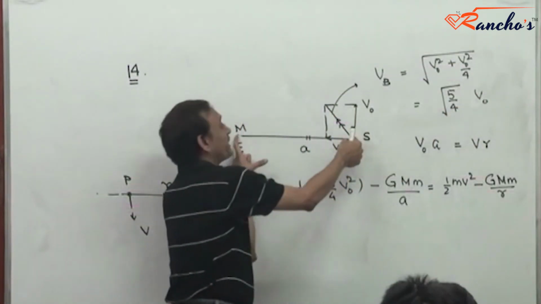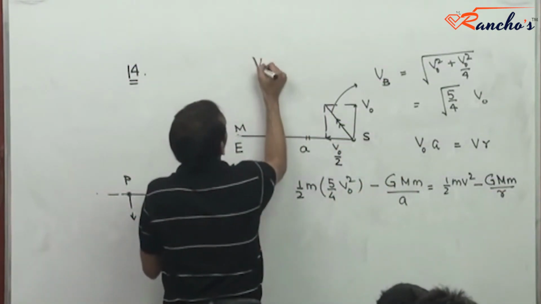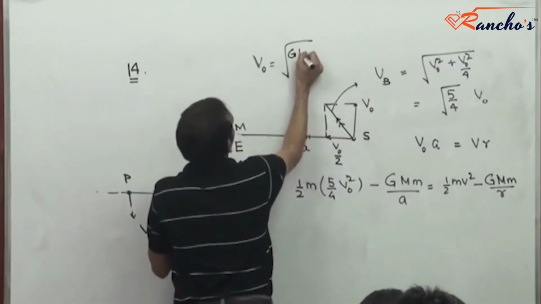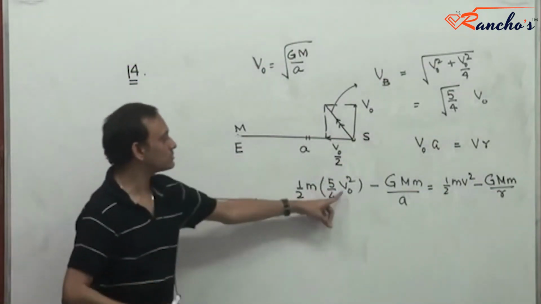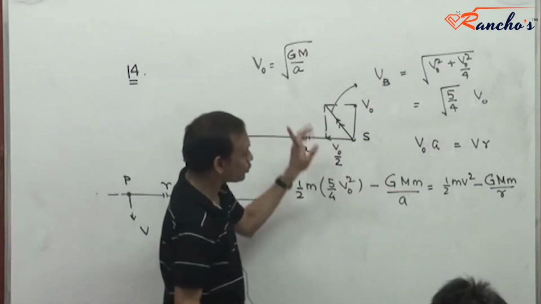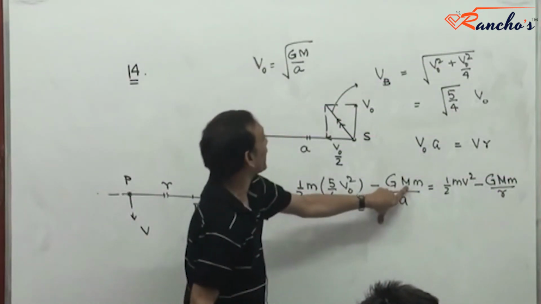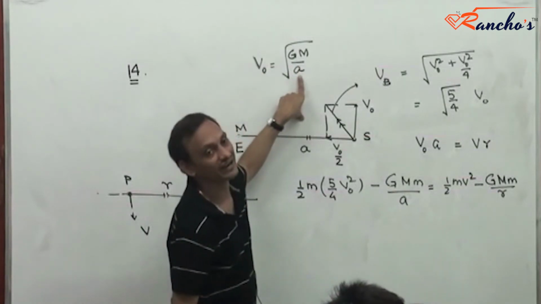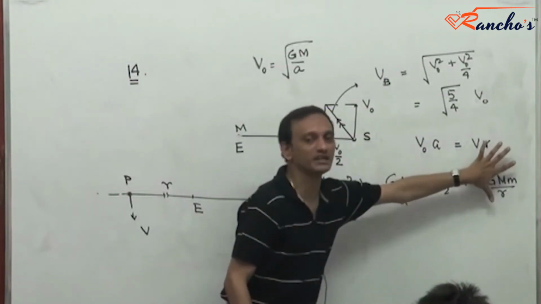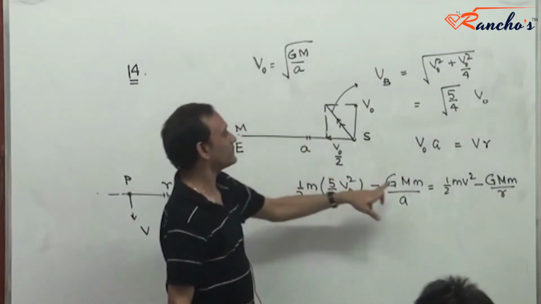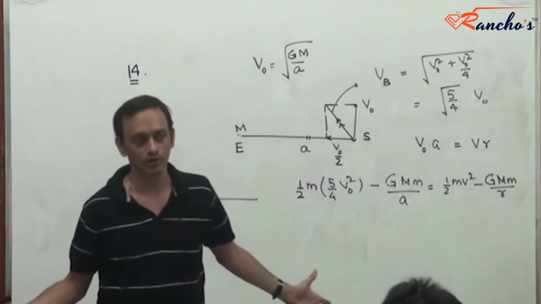This v0 was originally the circular orbital speed at a distance A. So this v0 was originally root GM by A. To eliminate GM, you say GM is v0 squared A. So instead of changing this, change this, because this looks ugly in its presence. And then solve for R.